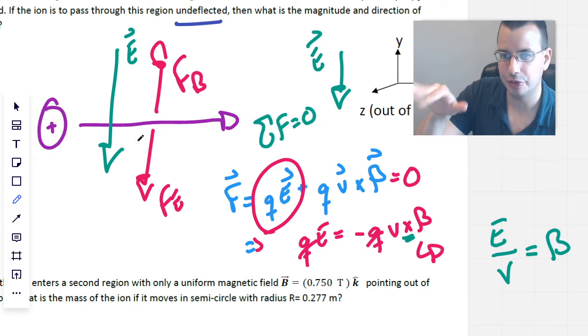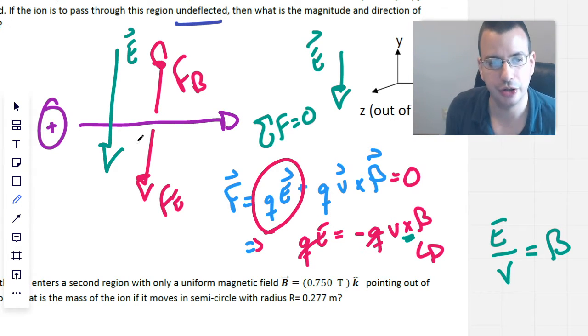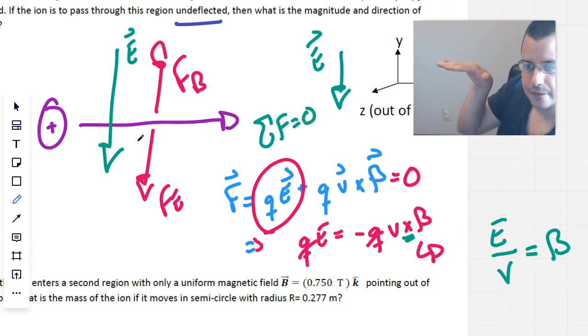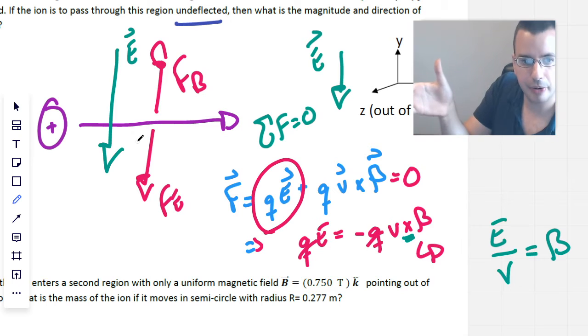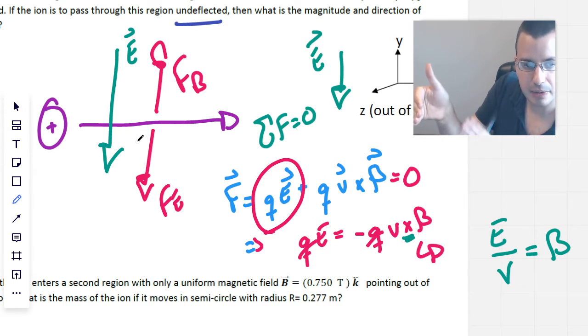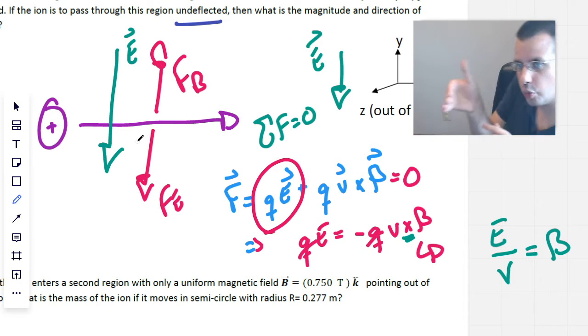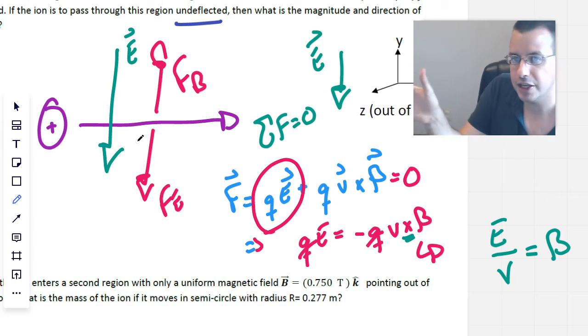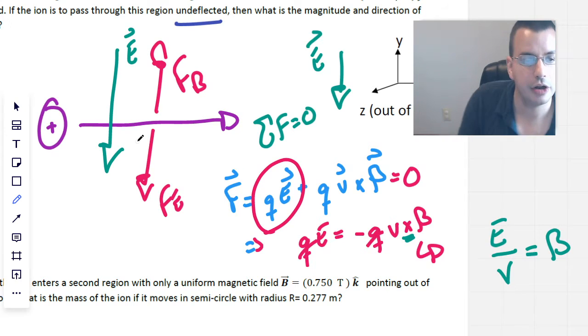I like to use the right-hand rule. Whatever right-hand rule works for you, this is the one I like. V times some sort of mystery B will give our thumb pointing upward. So if we do V out this way and then B into the board, we see that we're going to have a force going up, which is what we want. So V cross B into the board goes up.